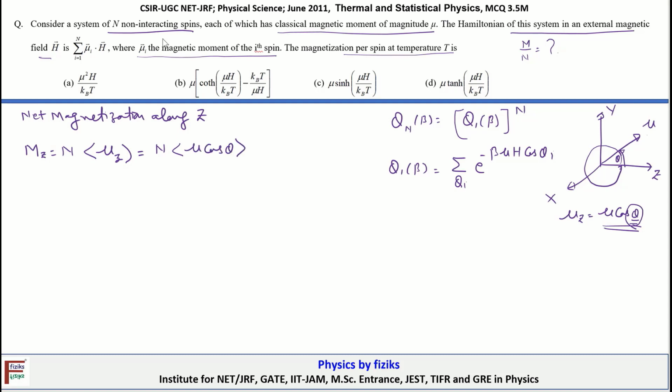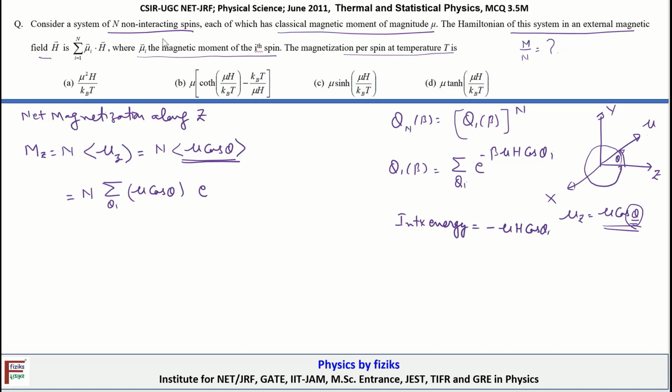Now here we will apply the definition of the average value of a quantity. So this is equal to, in principle, n and all possible values of theta, the physical quantity mu cos theta, and then the probability. The interaction energy of a dipole with the field is minus mu dot h, so let me write it here: the interaction energy of a dipole is equal to minus mu h cos theta.